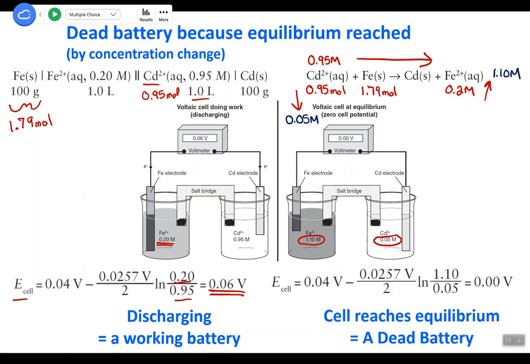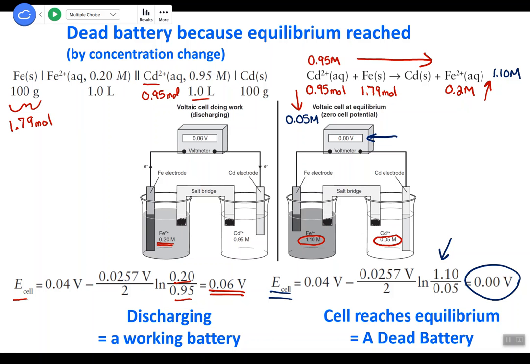We can see based on the 1-to-1 molar ratio, we still have some solid iron, but concentrations have gone down in the reactants and up in the products, such that when we calculate the cell potential now, based on these revised concentrations, because we used up our reactant, we produced products, the ratio at this point, when we have a 1.1 molar solution and a 0.05 molar solution, the cell potential is 0. The battery stops operating. The battery is dead.